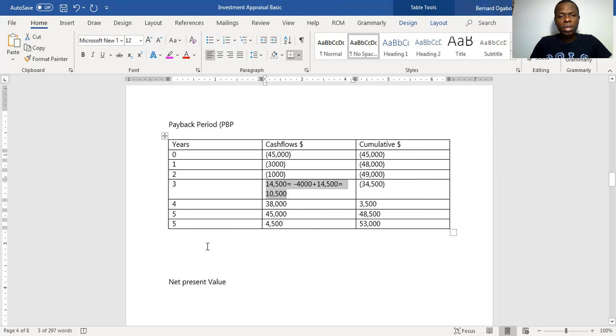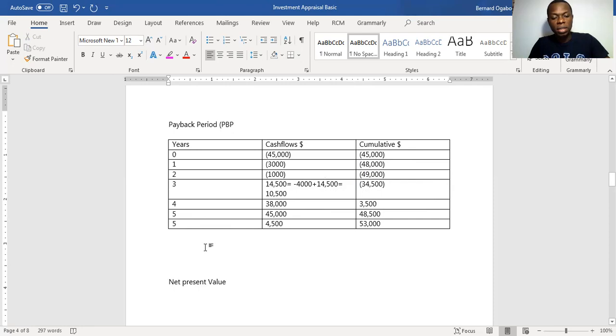So in a whole 3 years, I have not been able to recover the full amount. So I'm going to say 3 years plus something. In the fourth year, I don't need the whole of the 38,000 to make 45,000.